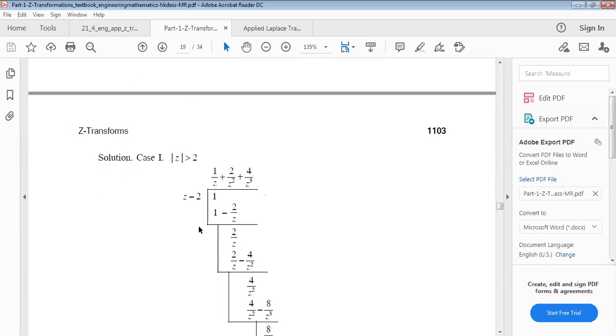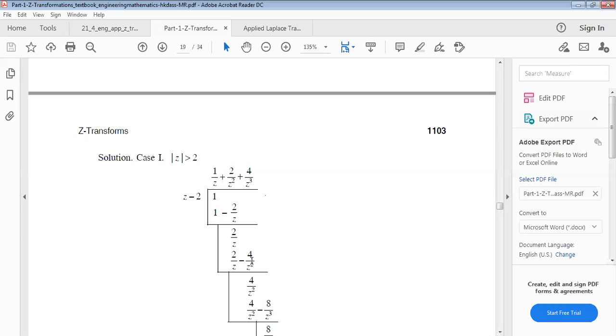Now subtracting, 1 minus 1 will be 0. Subtracting, the sign changes, we get just 2 by Z. Now taking this 2 by Z, after multiplying with Z minus 2, multiplying 2 by Z square, 2 by Z square multiplied by Z minus 2 will be 2 by Z minus 4 by Z square, right?